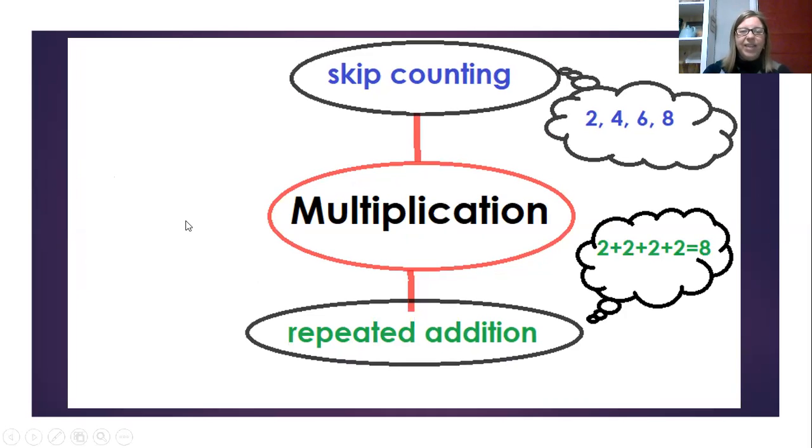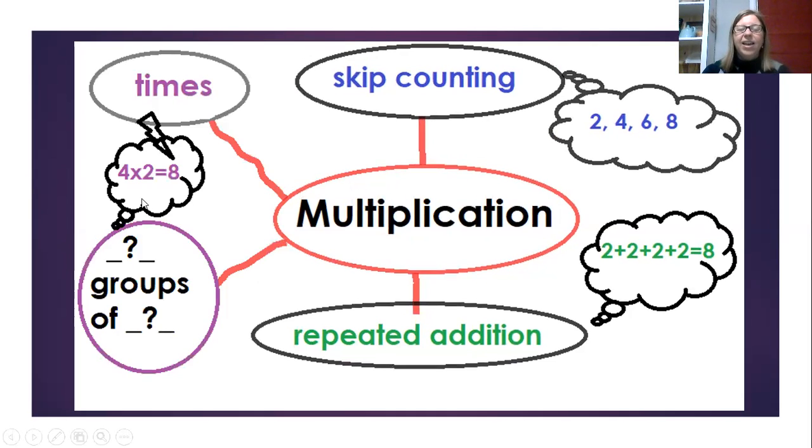And then today's lesson is going to focus mostly on this next idea that we covered yesterday, that it is also known as times or a certain number of groups of a certain number. Like this, 2, 4, 6, 8 could be thought of as 2 plus 2 plus 2 plus 2.